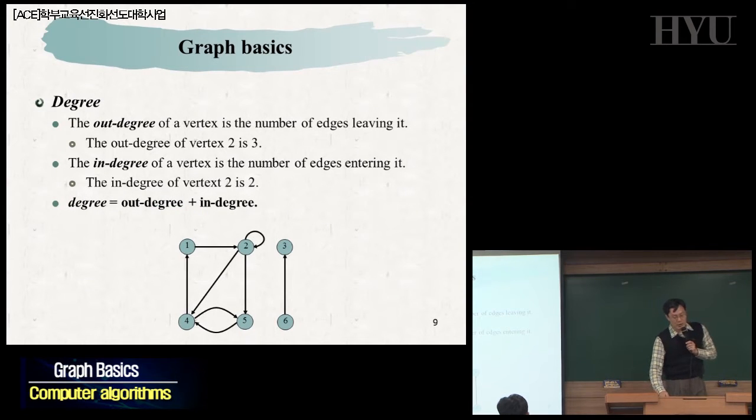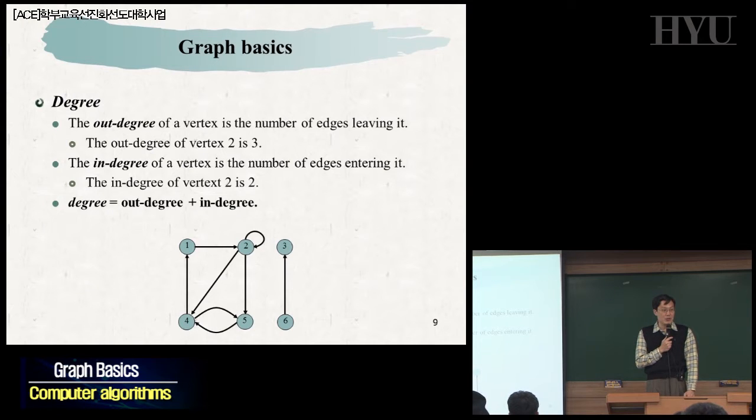And then degree. The out degree of a vertex is the number of edges leaving it. Look at this vertex first. What is the out degree of vertex 1? 1.